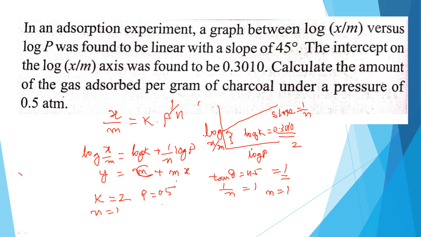Now he is asking to calculate the amount of gas adsorbed per gram of the charcoal, that is, to find x by m. x by m is equal to k, which is 2, into pressure 0.5 to the power of 1 by n, which is 1.